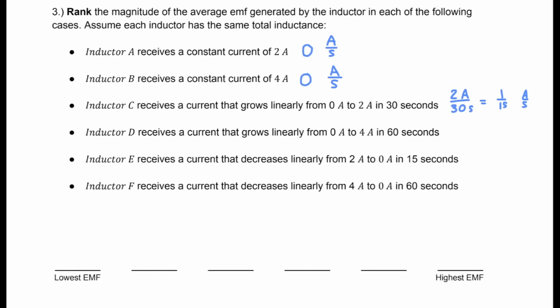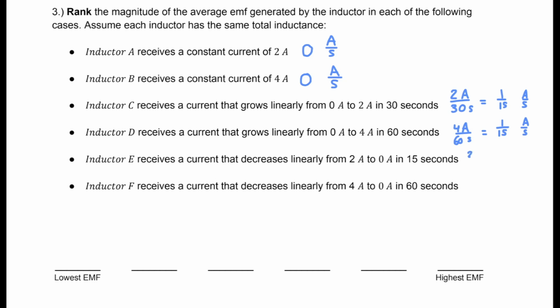Then next, we're going from 0 to 4 amps in 60 seconds. So the current is increasing by 4 amps in 60 seconds, which is actually just the numerator doubled and the denominator doubled compared to the previous question. So that's also 1/15 amp per second. And then we have a linear decrease from 2 amps to 0 amps in 15 seconds.